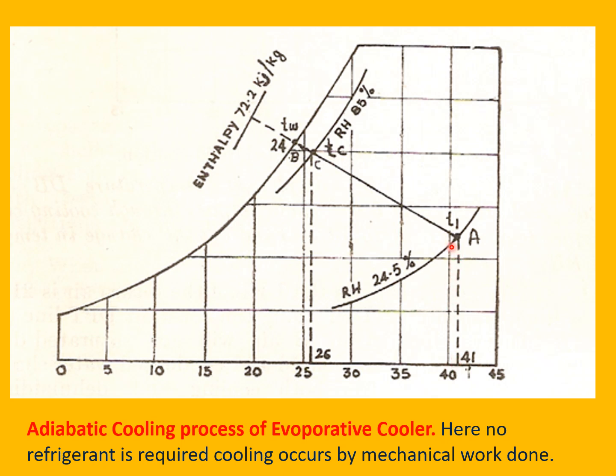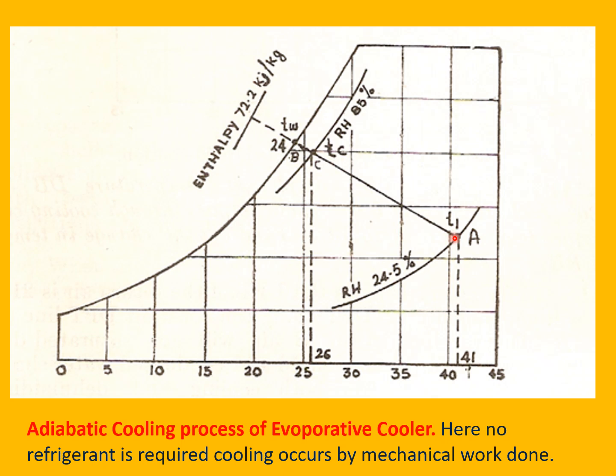And this point T1, the point A represents that during noon hours at about 4:30 or 4 o'clock, the temperature is near 41 to 45, and relative humidity may be very less, around 24 or 25%.